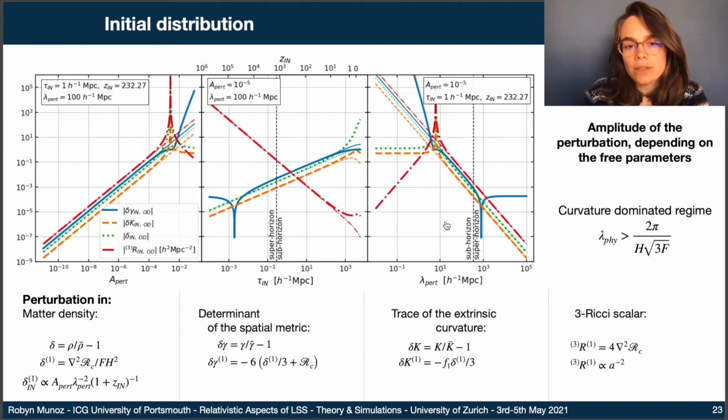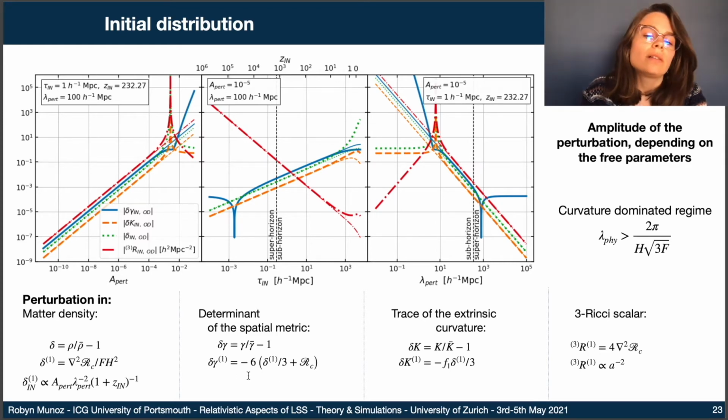Another interesting feature is this plateau here that you see at large wavelengths and at large redshift, and then this peak here is indicative of a sign change. So this is delta gamma, the contrast in the volume element, and you can see if you look at the first order expression, this is obtained from 2 terms, delta and RC.